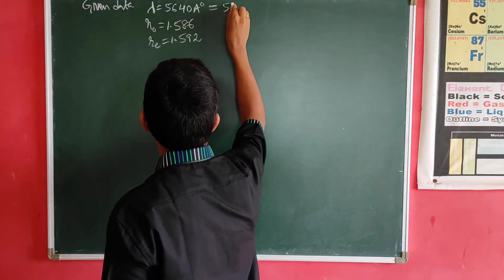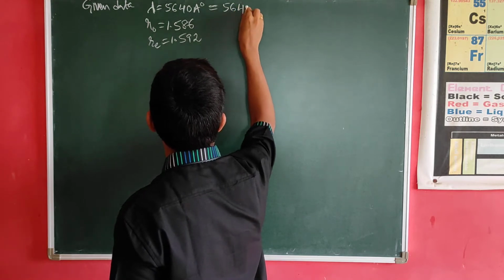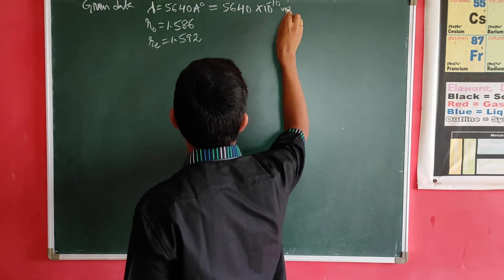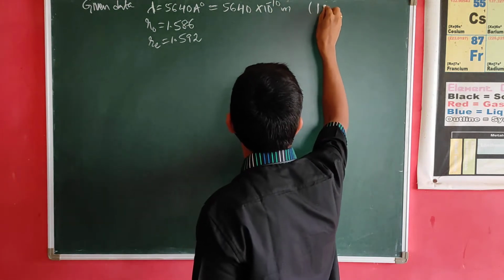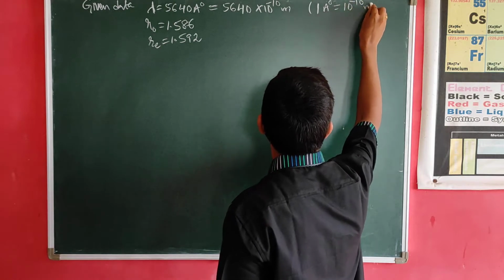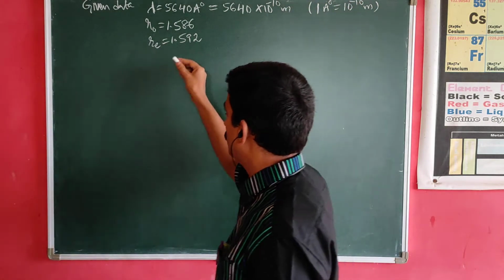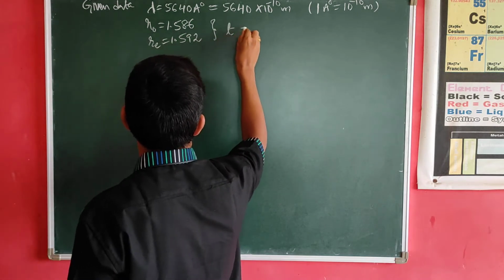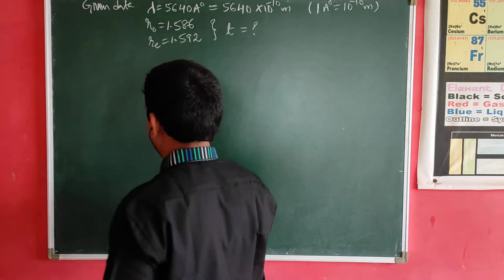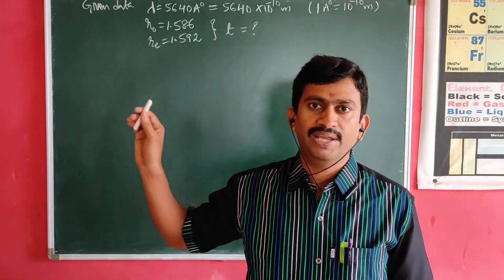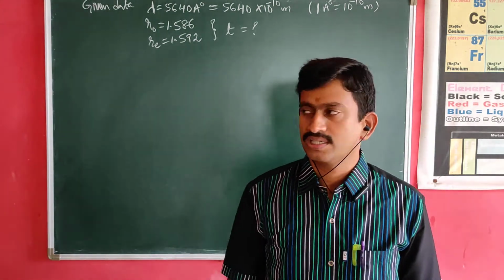We know that 1 angstrom is equal to 10 power minus 10 meters. So this is the given data and we need to find out the thickness of the mica for making it a quarter wave plate.